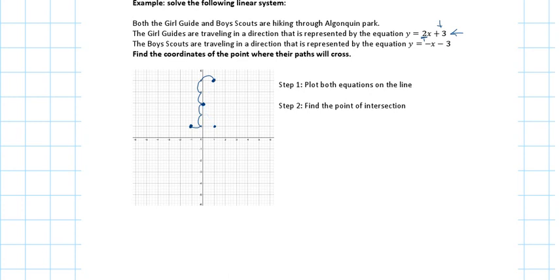So you see that now I can just graph that line. To indicate what line it is, you should write the equation on the line, y equals 2x plus 3.